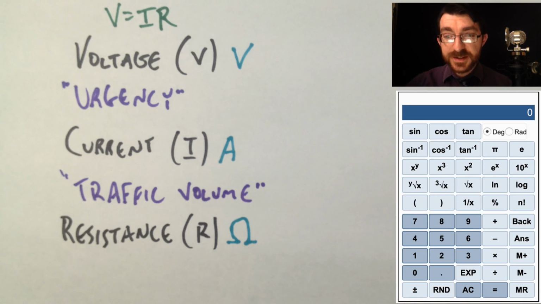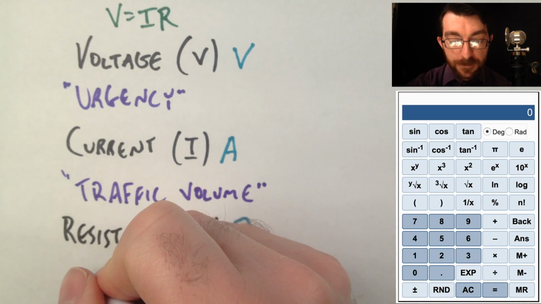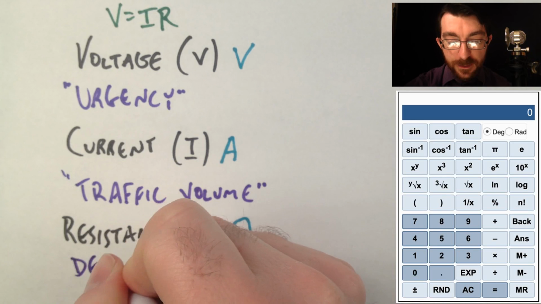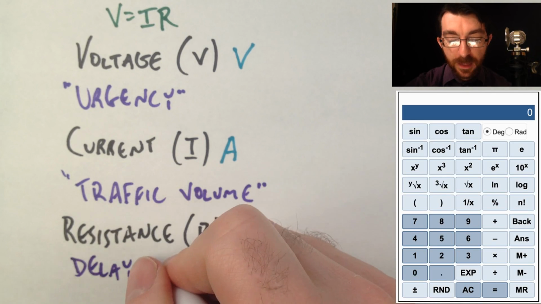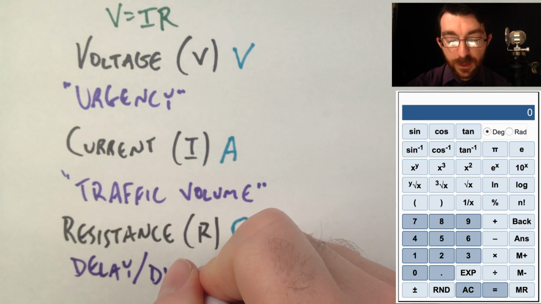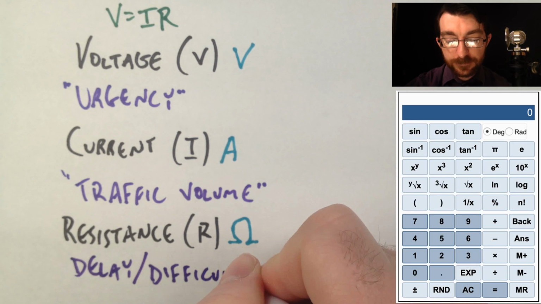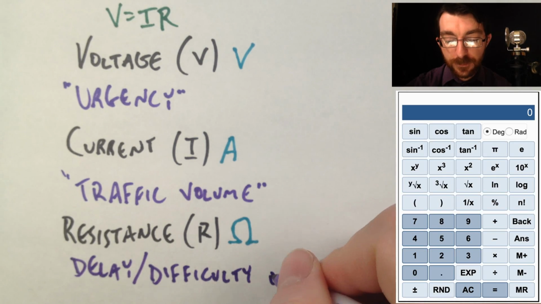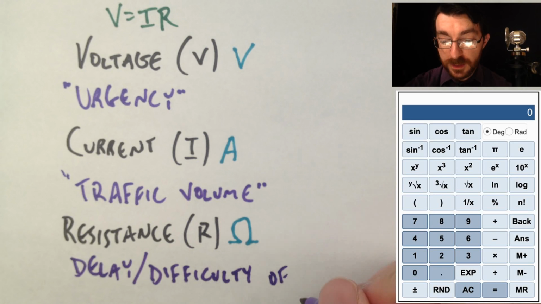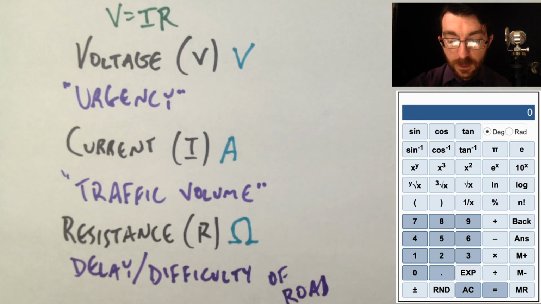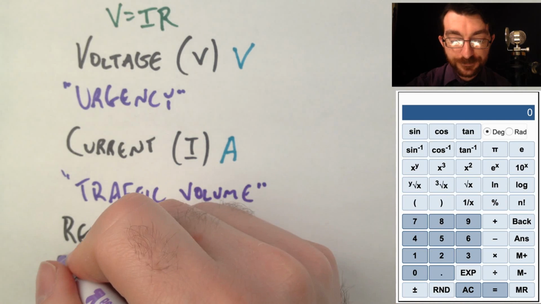And resistance in the traffic analogy was kind of like the delay that a road causes, but the delay is caused by a difficulty. So a delay or difficulty of the road. Ooh, that's a D. Okay.